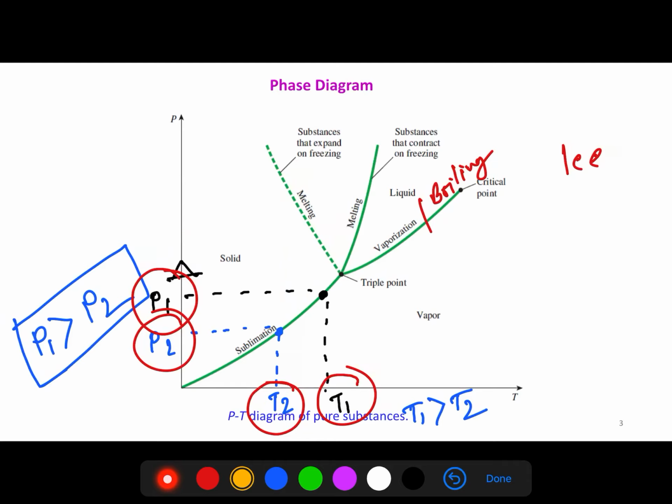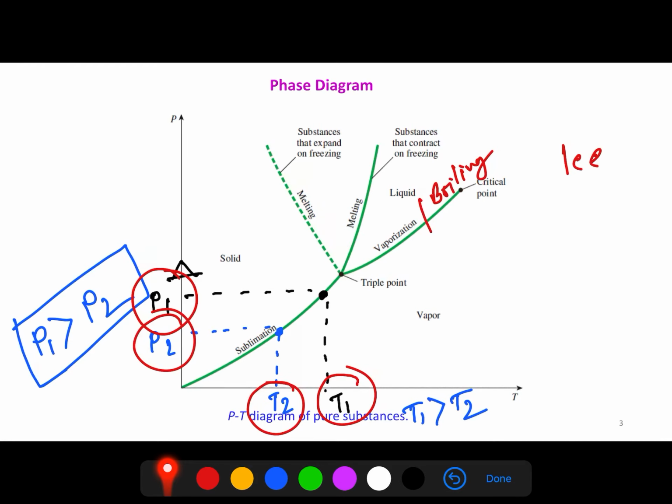So that's the physical phenomenon of the pressure and temperature diagram. Now another important point is, what is this point? This is the critical point. That means at this point there is no distinct phase. You already know the critical point, so I'm not going to discuss the definition of the critical point again, but I want to tell you about the triple point.